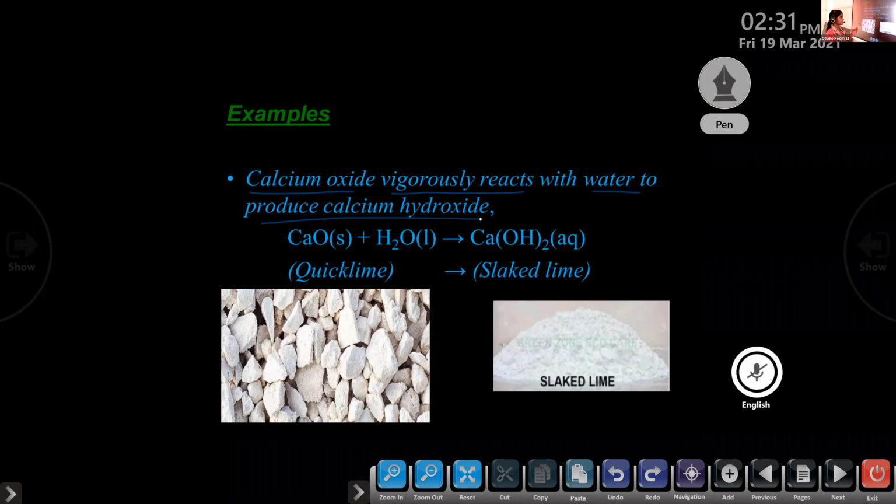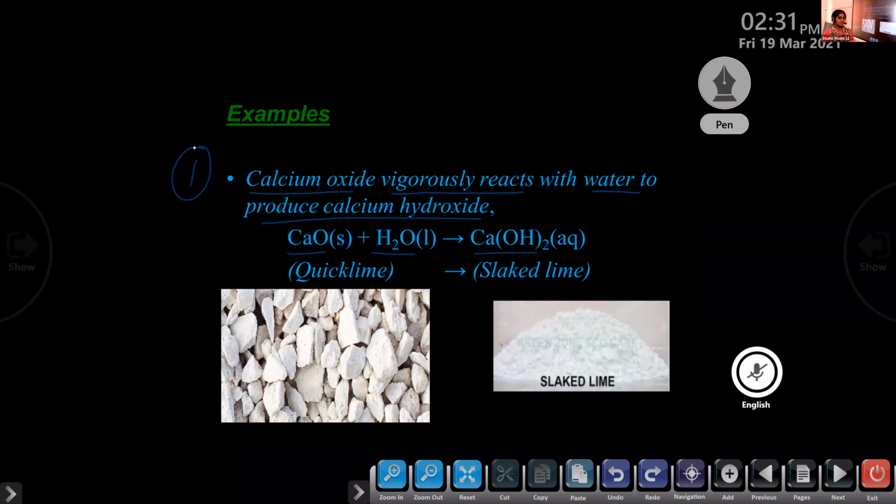Look at this chemical equation here. Two reactants, calcium oxide and water, combine together to form a single product, that is calcium hydroxide. This is the first example for the combination reaction. Okay, clear?